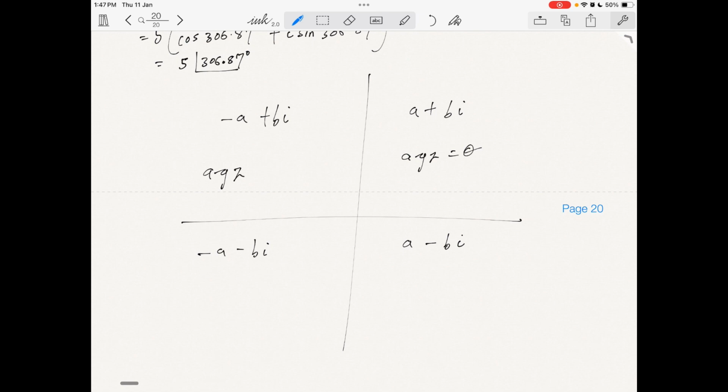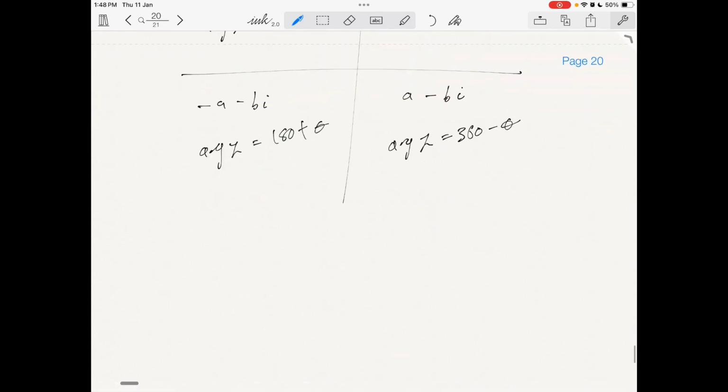Here argument Z is equal to 180 minus theta. Here argument Z is equal to 180 plus theta. And here argument Z is equal to 360 minus theta. So our understanding of this chart will make conversion from Cartesian form to polar form far and away easier.